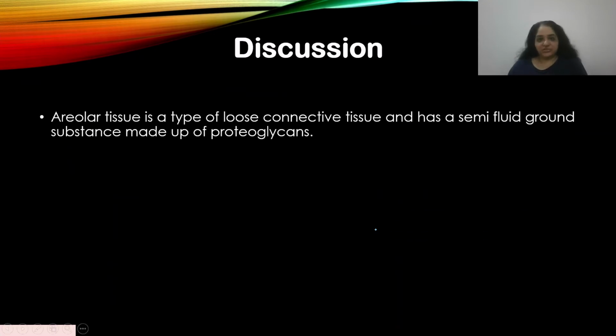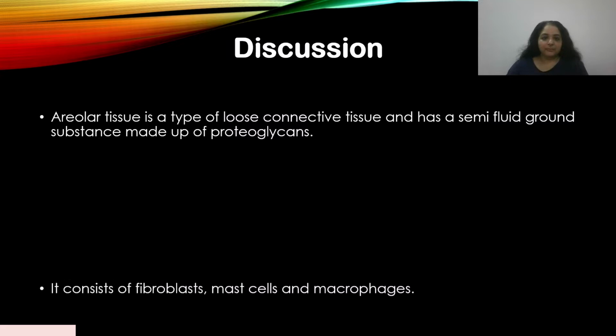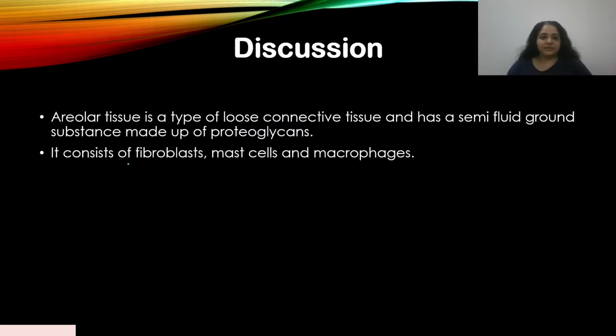So areolar tissue is a type of loose connective tissue and has a semi-fluid ground substance made up of proteoglycans. And it consists of fibroblasts, mast cells, and macrophages. So think of it this way: areolar tissue is loose, right, as compared to the dense connective tissue that we have, like tendons and ligaments.